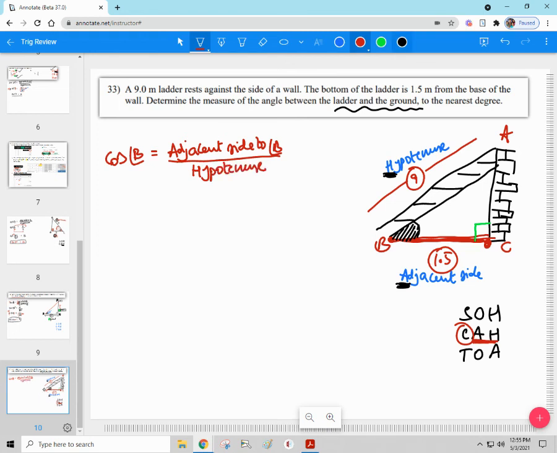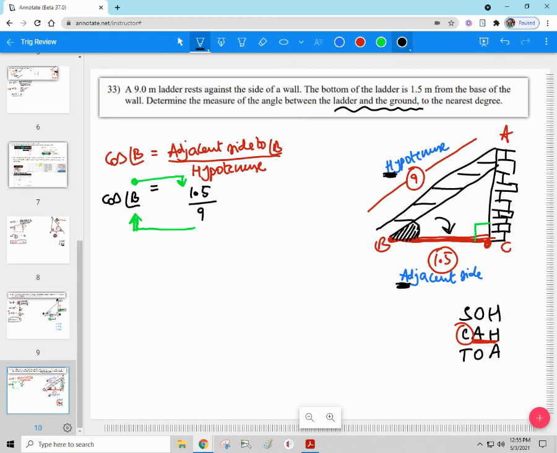Now let me plug in these values. The adjacent side is given as 1.5, and the hypotenuse is 9 units. Then cos B equals 1.5 over 9. As I already mentioned, if you are finding the angle, you have to move this one to the other side, and whatever number, fraction, decimal or whole number comes to the other side.